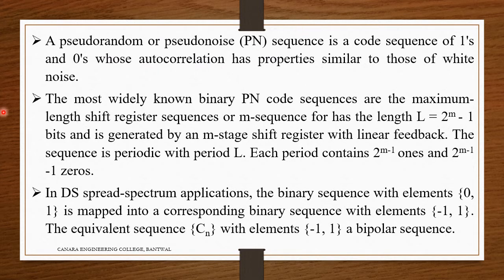Now, the most widely known binary PN coding sequences are the maximum length shift register sequences. How can we generate them? There are different modes in that. The maximum length shift register sequences, or M sequences, are the most famous and widely used, with a length of L equal to 2 to the power of m minus 1 bits, and are generated by an m stage shift register with linear feedback.